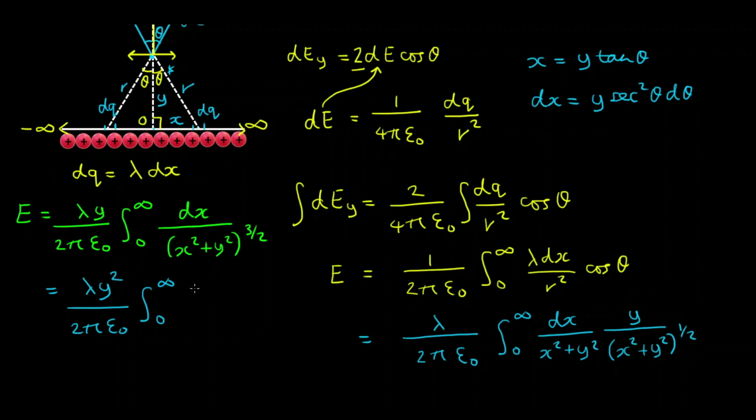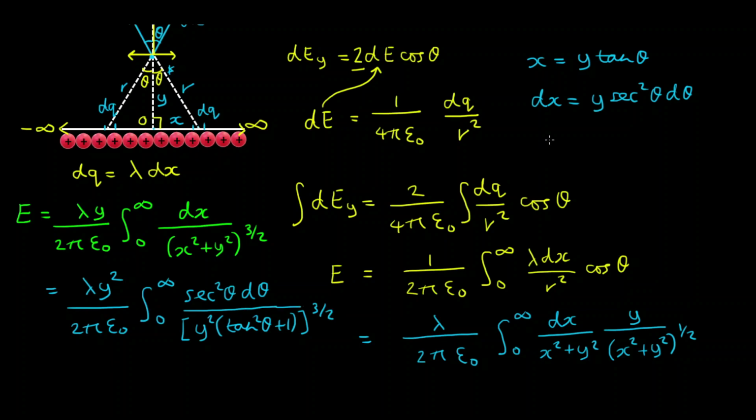So we take y outside and we have sec squared theta d theta, and that's over x squared plus y squared. So x is equal to y tan theta, so we can factor out y squared, and we have tan squared theta plus 1, and we're taking this to the power of 3 on 2.